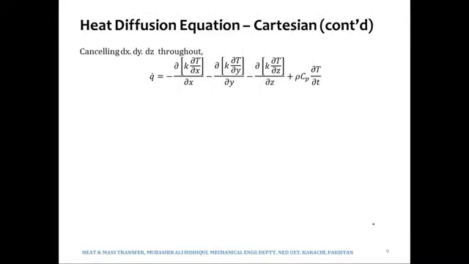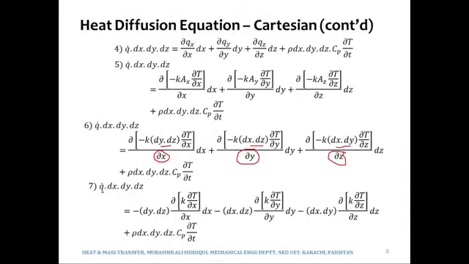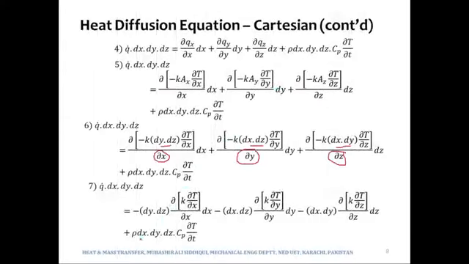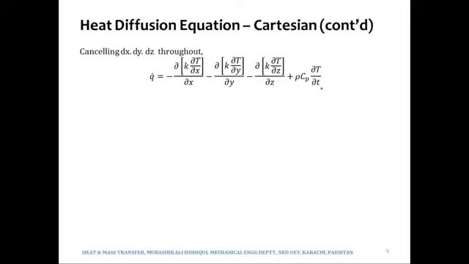If we divide by the volume throughout, we would have q dot on the left hand side of the equation, and we would have minus ∂/∂x of k ∂T/∂x, the first term on the right hand side of the equation, and then the similar term in y, and then the similar term in z. And in the last term, dx, dy, dz will get cancelled out, so we will be left with rho c ∂T/∂t.